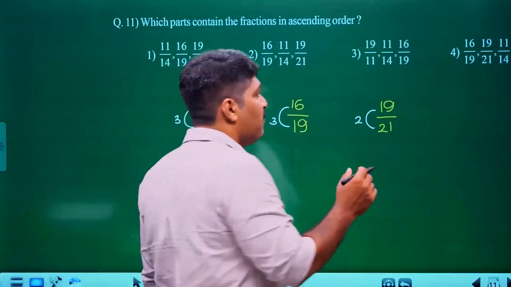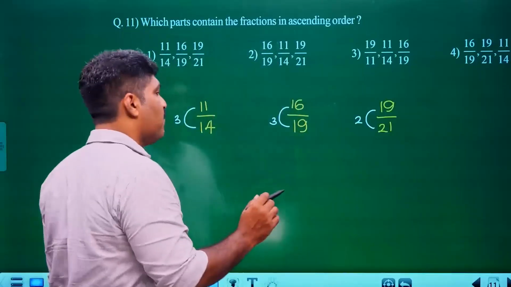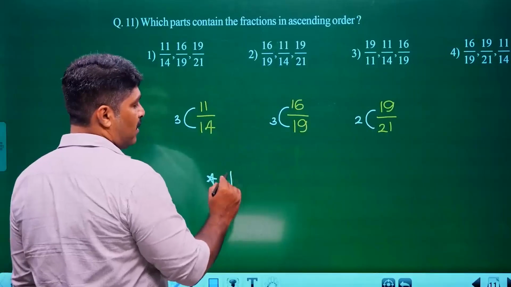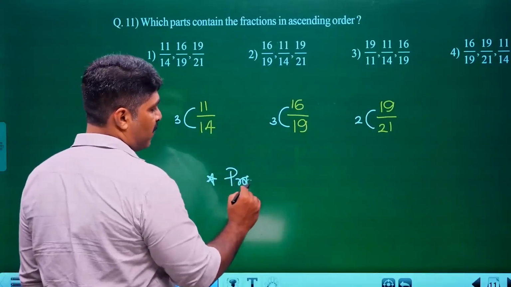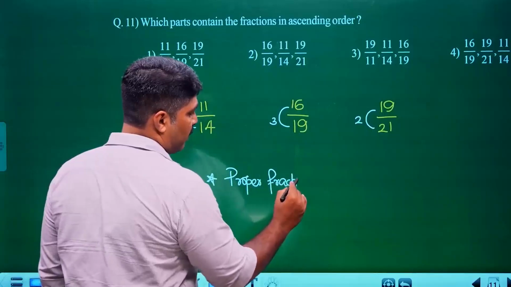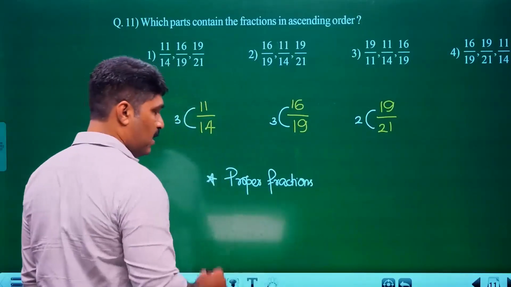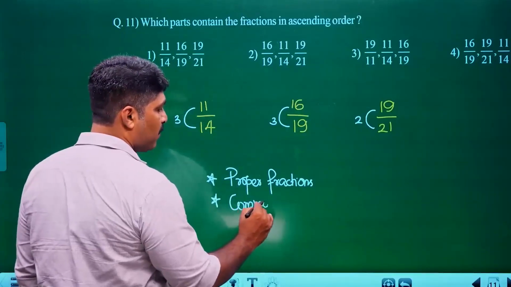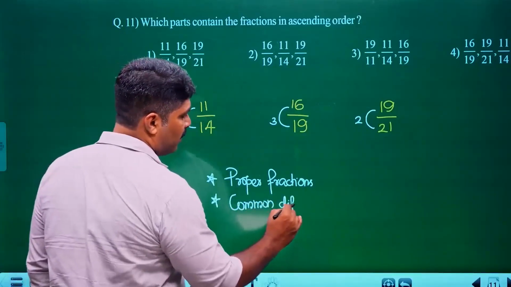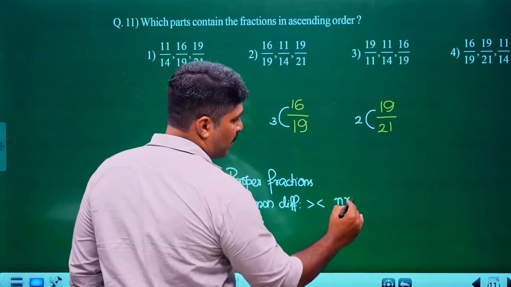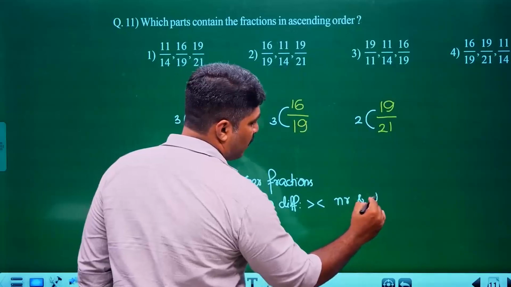So while we are considering that kind of condition, the logic is like this. While we are considering the set of fractions are proper fractions, first of all, we have to reach the conclusion that the given fractions are proper fractions, and there is a common difference between numerator and denominator.